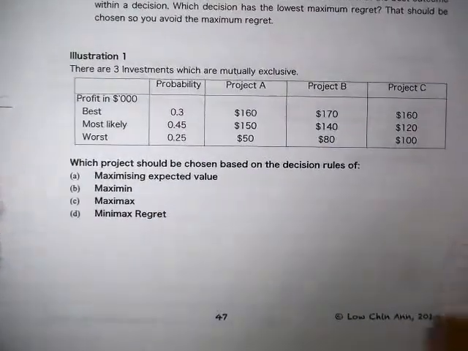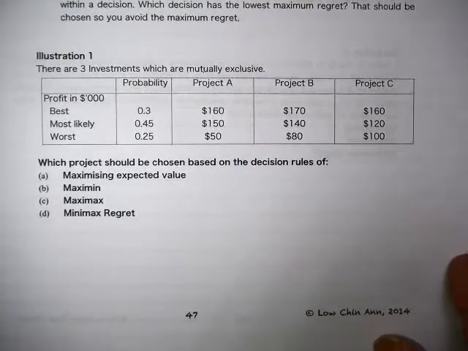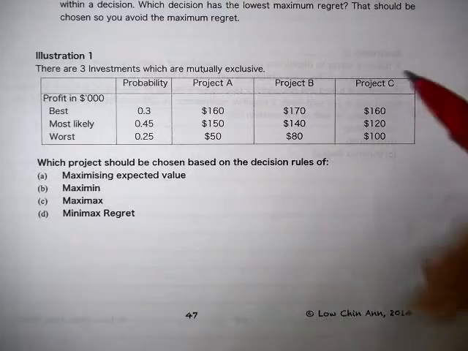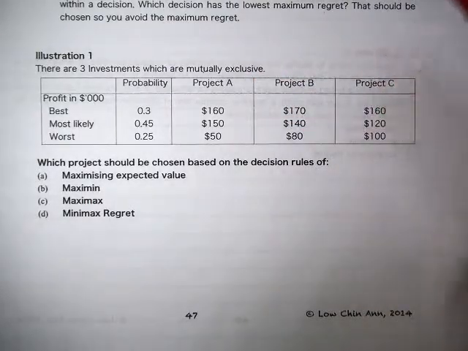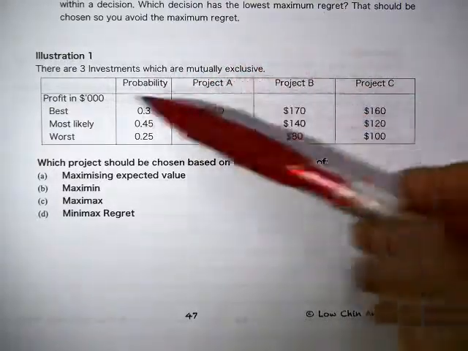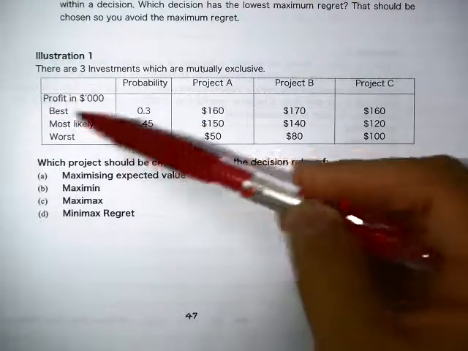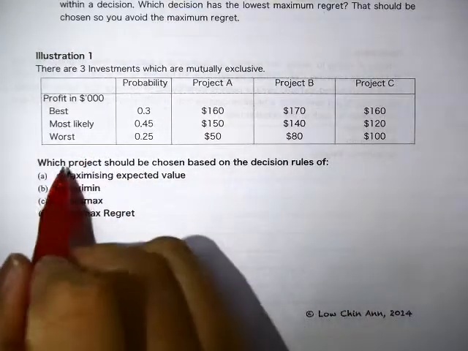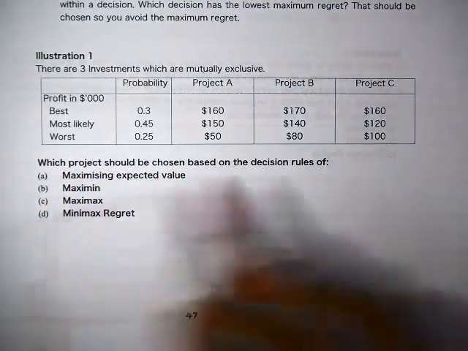Now there are 3 investments which are mutually exclusive: project A, B and C. Now they are all mutually exclusive, so you can choose either one. Okay, so they have given you the profit in best, most likely and worst scenario. So which project that you will choose if you decide based on the rule?